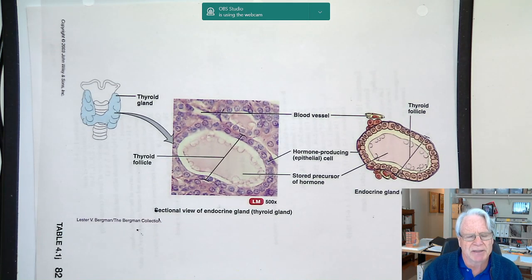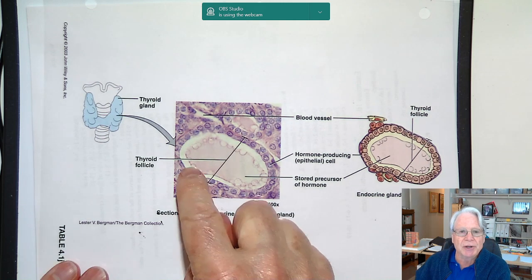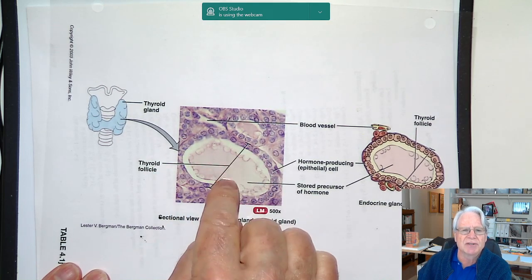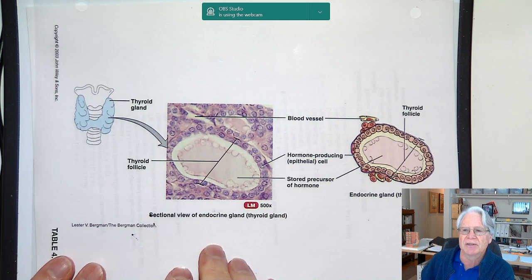Now, the thyroid gland produces about three different hormones. Thyroid hormone and another type of hormone which is escaping me at the moment. But it is producing a hormone. And this is the structure that is going to do that. This is a thyroid follicle. As you can see, it's a so-called thyroid follicle.